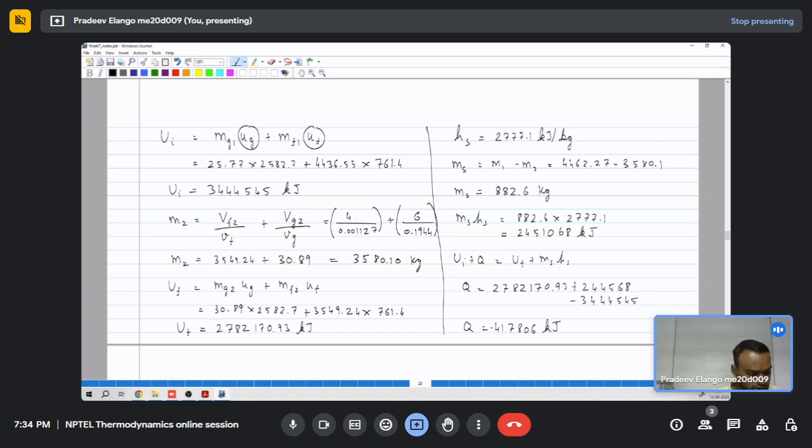Can you recheck once this 882.6 into 2777.1? Then it will be 2451.06.